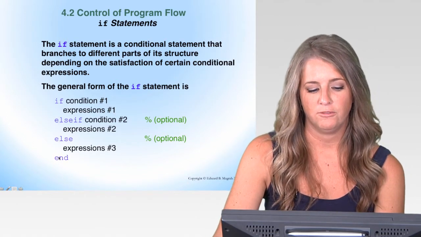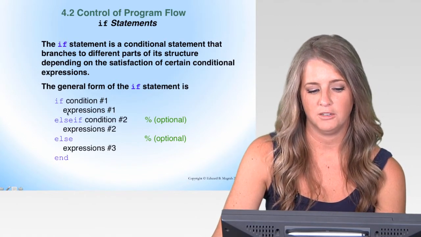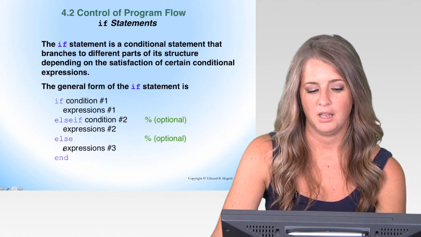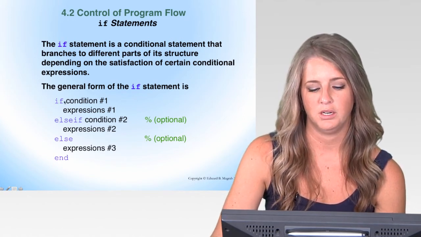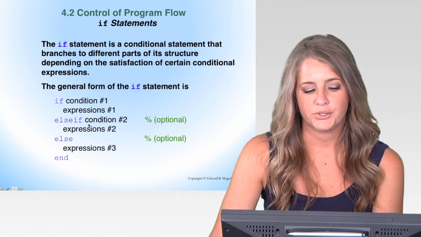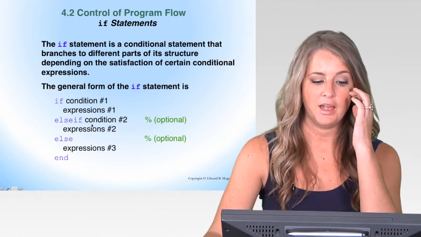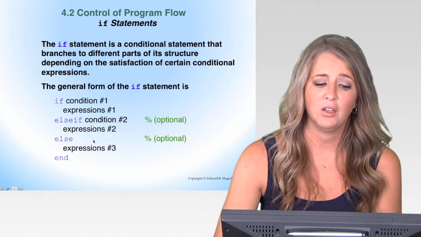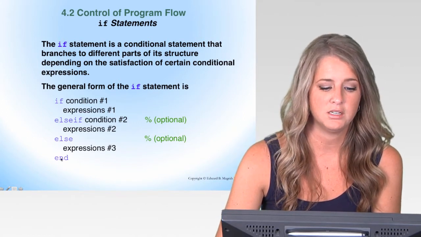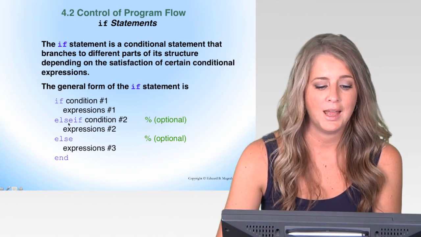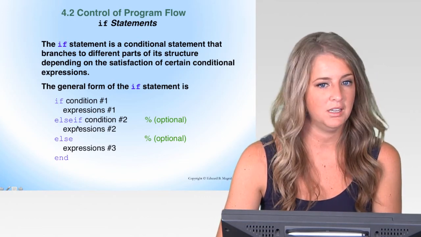Notice that the end statement here does need to be there because we opened the structure with an if statement. Also note that the else if and the else are optional. You don't have to use those. You can just use an if and an end if you'd like. Also, you can have more than one else if expression.